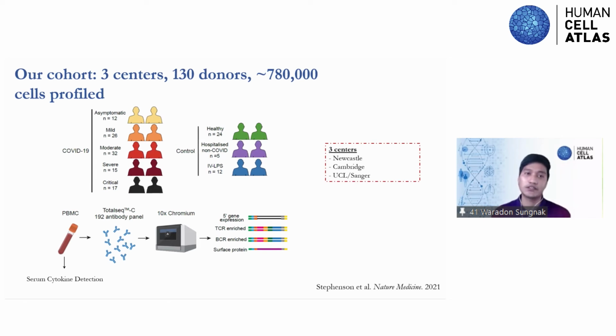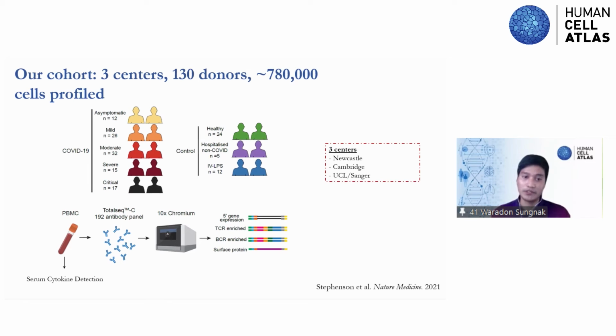And this particular study was based on the collections of samples from 3 different cohorts from Newcastle, from Cambridge, and UCL Sanger, being composed of 130 donors with very detailed severity groups, including asymptomatic, mild, moderate, severe, and critical, based on the clinical phenotypes.